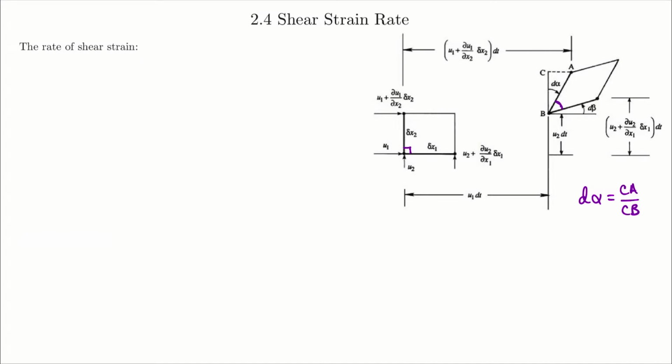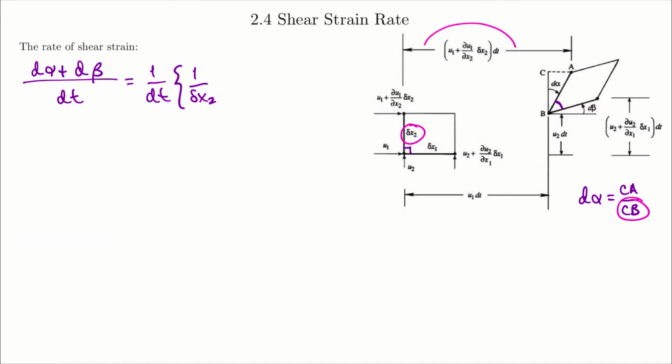So we have the rate of decrease of our angle, which is defined by these two angles here. That's what it's decreasing by, and it's a rate, so it's that over time. And we can write that as follows. So it's 1 over CB, which is our Δx2, right? Looking here and here. And then for CA, A is defined right here.